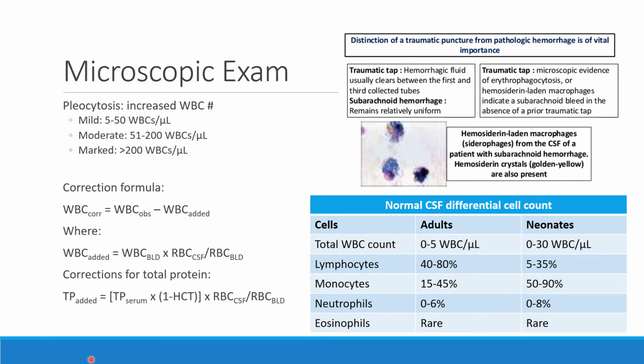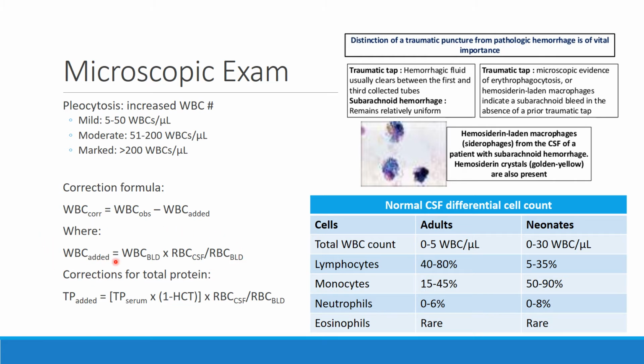Okay, and if you suspect that it's a traumatic tap, you're going to have to make some corrections to the numbers that you get in order to account for those red blood cells that were added. And that correction formula is here. You're going to get a corrected white cell count where the WBCs added are accounted for by this formula.